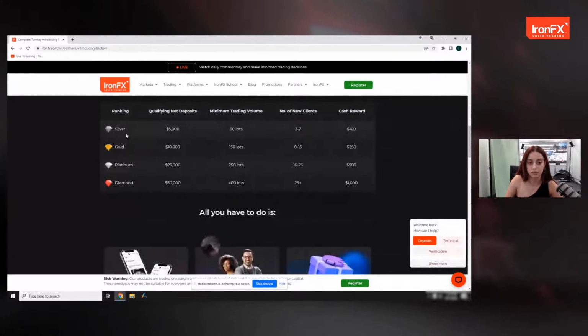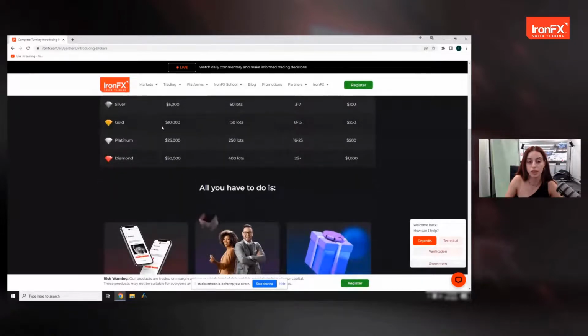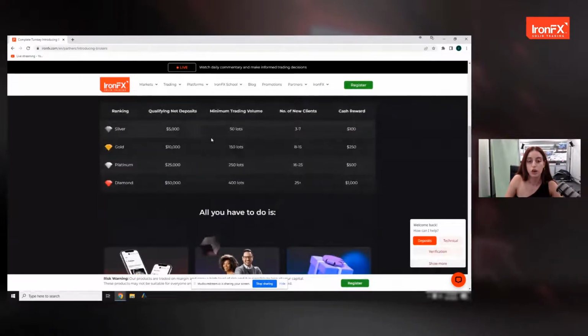So for silver, qualifying net deposits, $5,000, minimum trade volume, 50 lots, number of new clients, 3 to 7, and cash reward, $100. Moving to gold, it's $10,000, 150 lots, 8 to 15 new clients, and $250 cash reward.